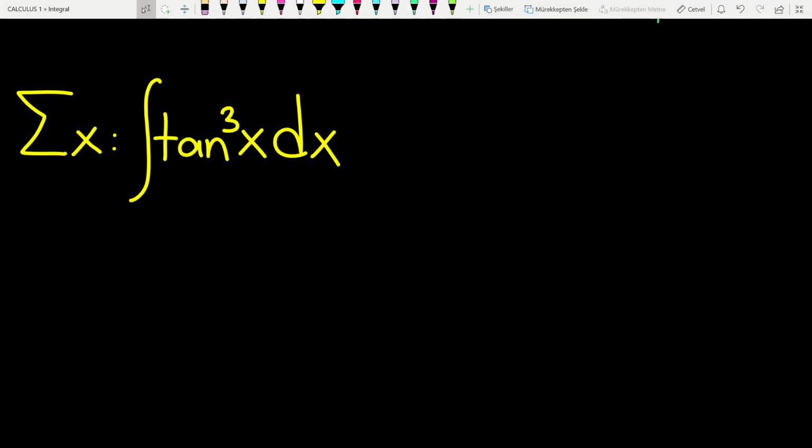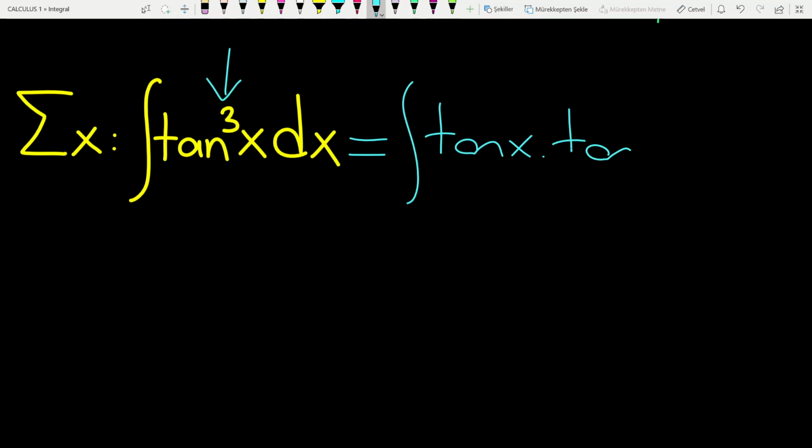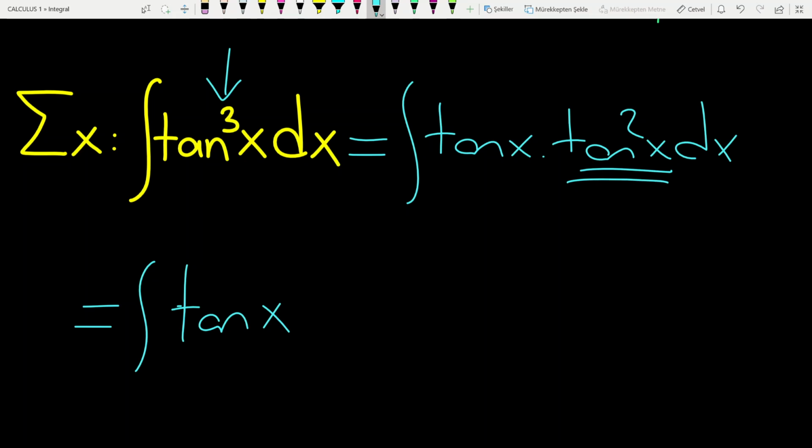Since the power of tangent is odd, I should save one tangent factor. Instead of tangent cube, I have tangent x times tangent square x dx. Instead of tangent square x, I use secant square x minus 1, so tangent x times secant square x minus 1 dx.